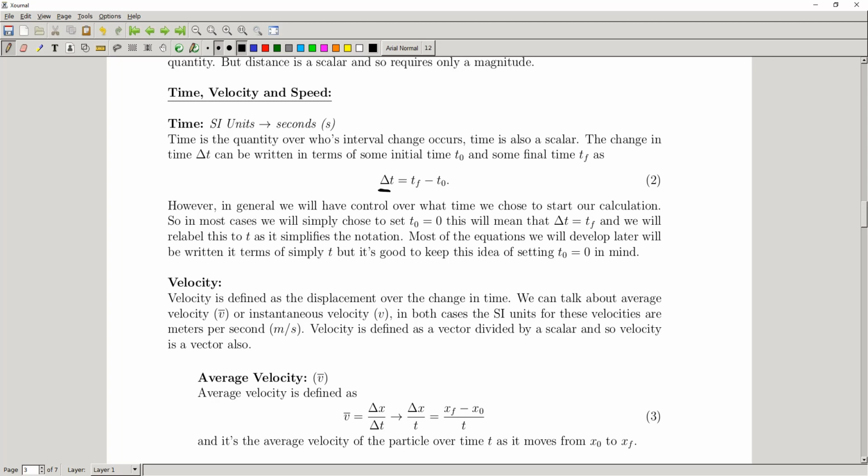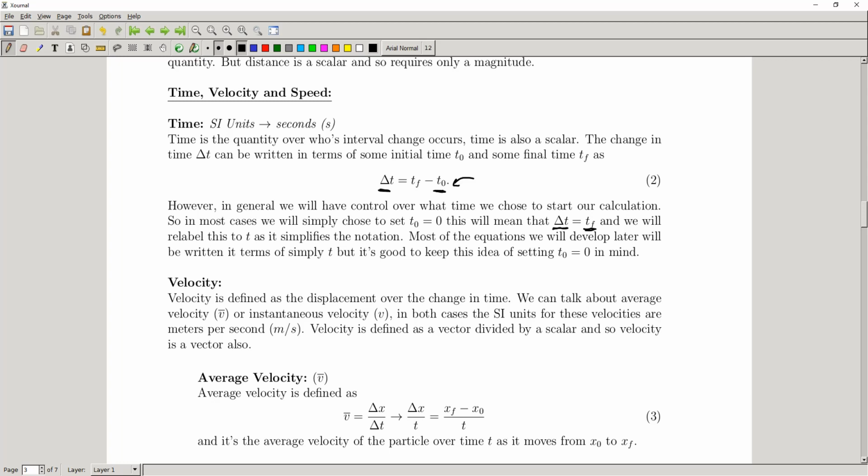But we have control, generally speaking, of when we start the stopwatch in our experiments or calculations. So in general, we're going to choose to set this t0 to 0, and if we do that, the change in time is just really equal to the final time.